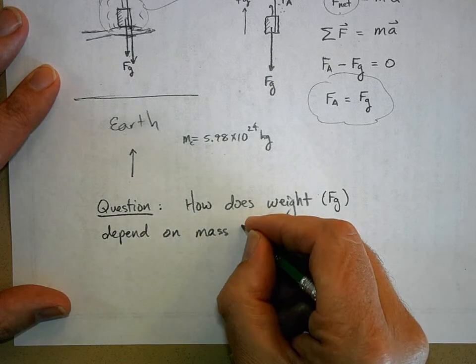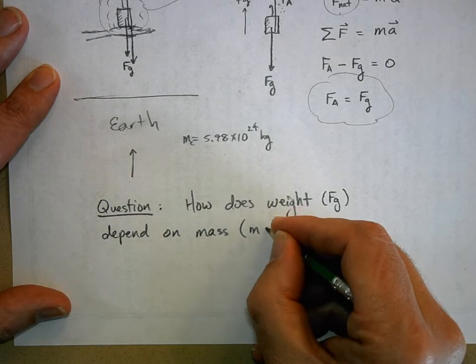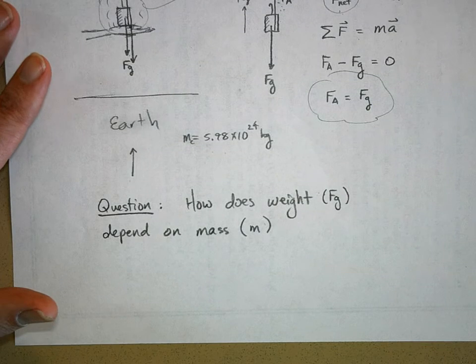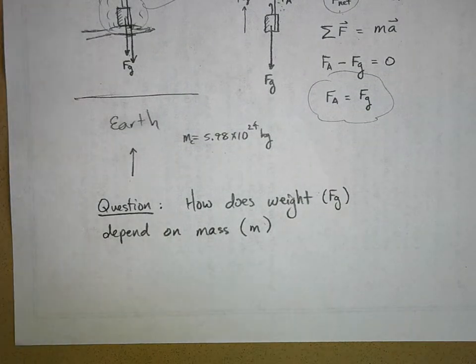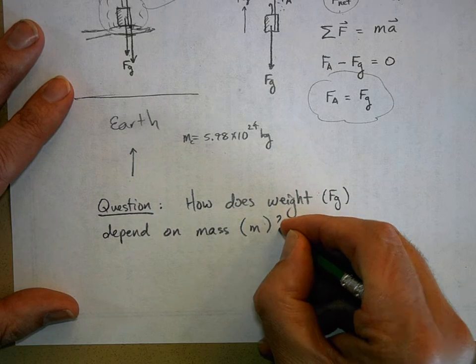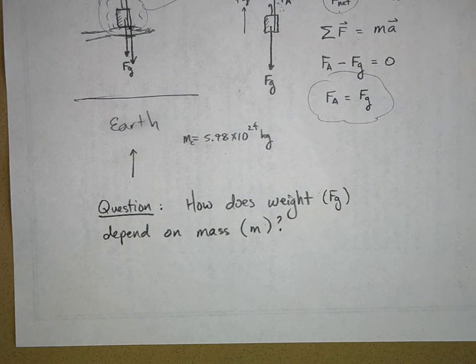Now, mass, we're going to use the letter m to represent mass. Lowercase m is the accepted variable for mass. Now, this is for here at the surface of the Earth. Go somewhere else in the universe, it's going to be different. But it's hard to get to anywhere else in the universe, so this is going to be good for the rest of your life, probably, unless you become an astronaut, which would be awesome.